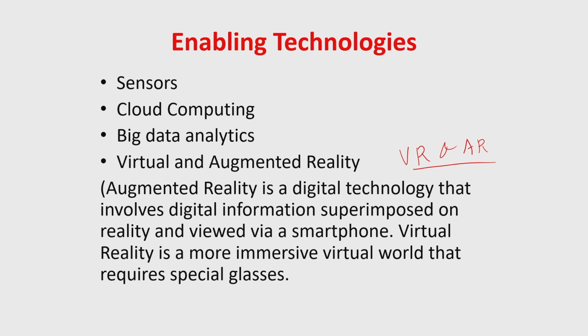You can play this game in a real room, moving to every corner to see where you get the treasure. The treasure will not be physically kept, but virtually shown on your mobile phone. As soon as you reach that location, the screen flashes that there is a treasure here. So you have the real world, and on that you superimpose the virtual thing which is in the computer. This can be called augmented reality.